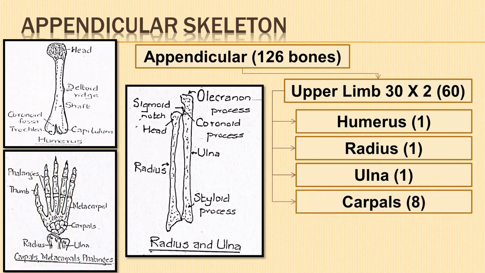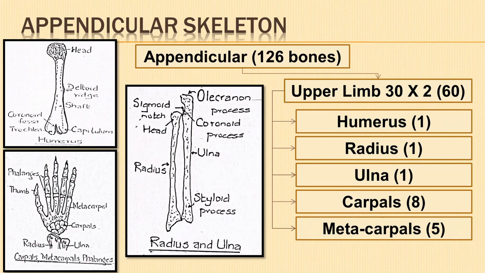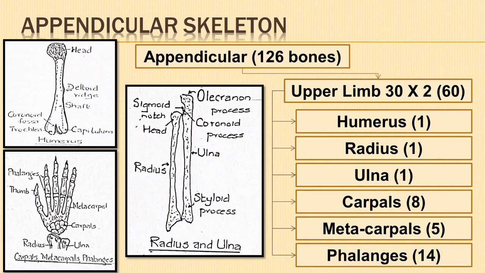Carpus or the wrist is made up of 8 carpals. The metacarpus or the palm consists of 5 metacarpals. The phalanges or the fingers consist of 14 bones. The thumb of the hand is called pollex.